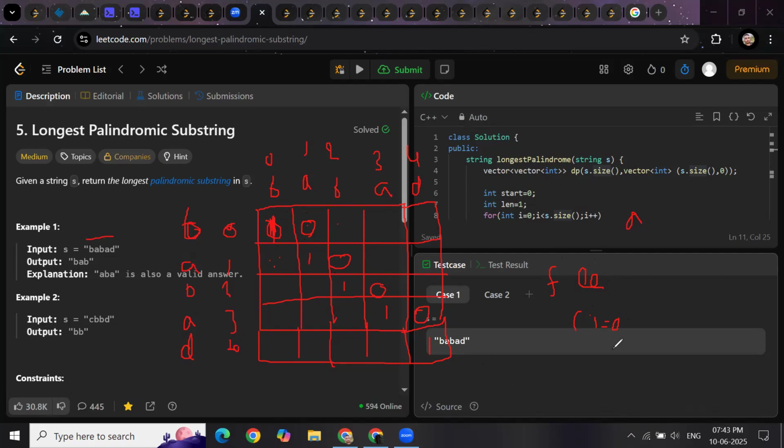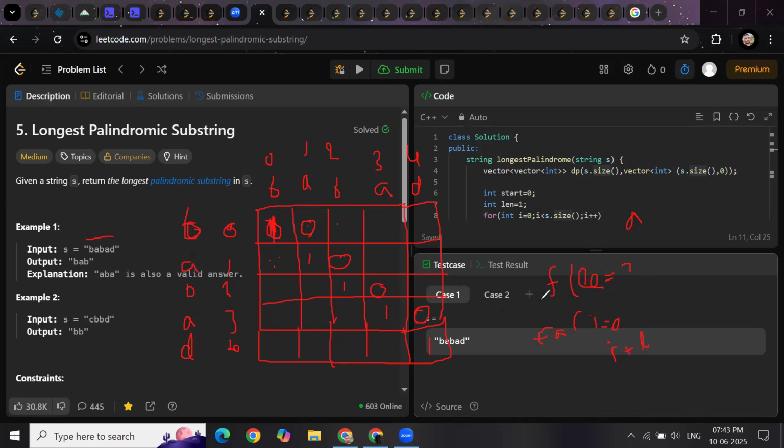And we will consider the substring starting with, suppose I'm running a loop with a len variable, and another inside loop having I. So I will consider a string starting with I and taking the substring till length, meaning I plus len.